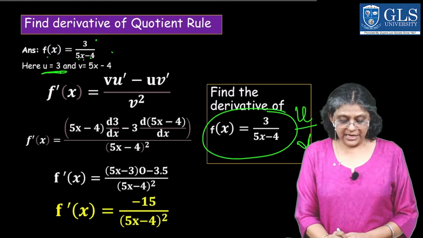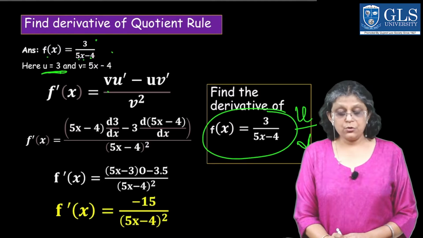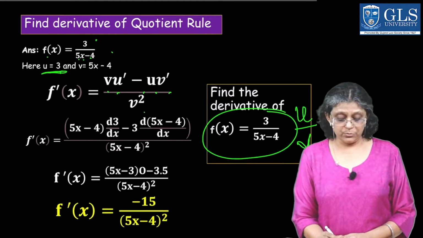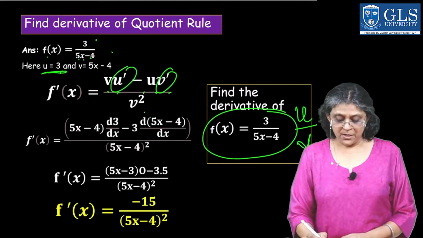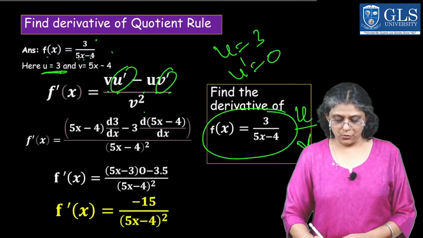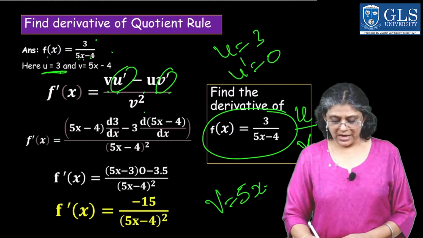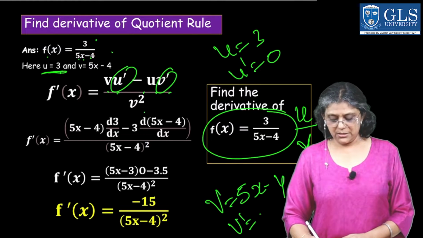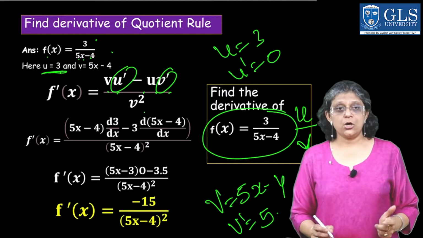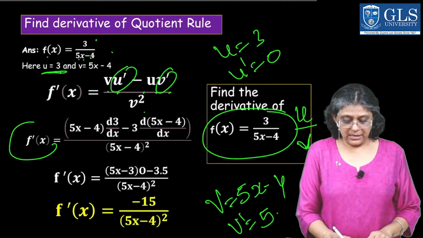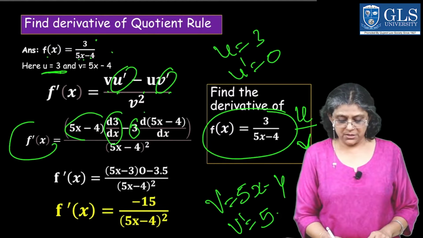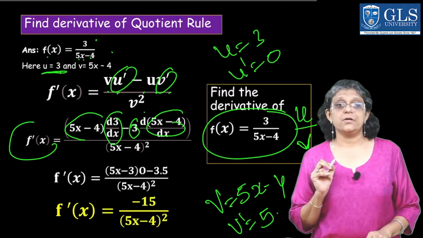What is the formula? v into du by dx minus u into dv by dx upon v squared. So first I have to find the derivatives. So u is equal to 3, so u' is equal to 0, and v is equal to 5x minus 4, so v' is equal to 5. Clear? So putting this in the formula, this is the first order derivative, this is 3, a constant, and this is the derivative of the other one.